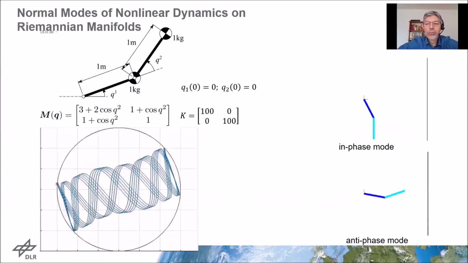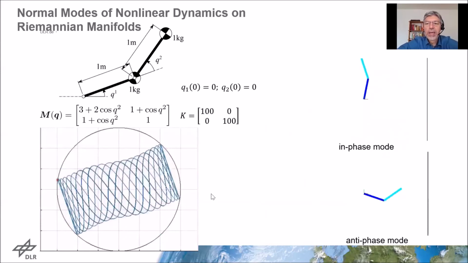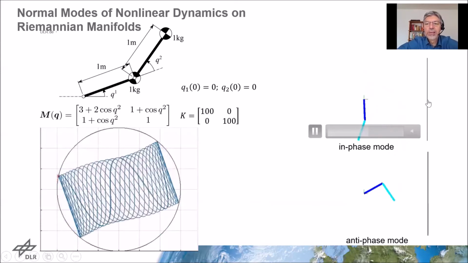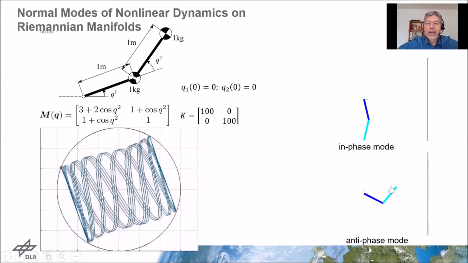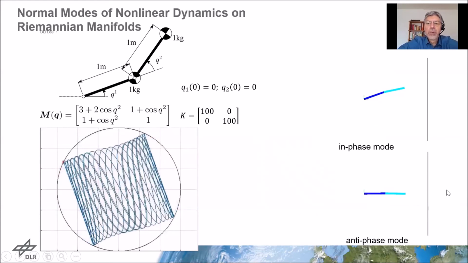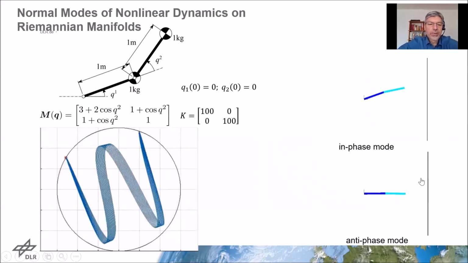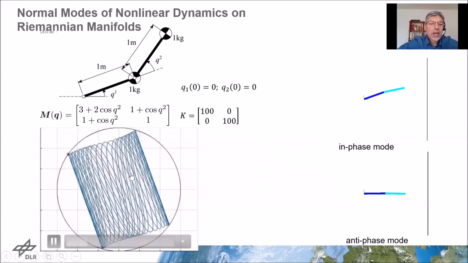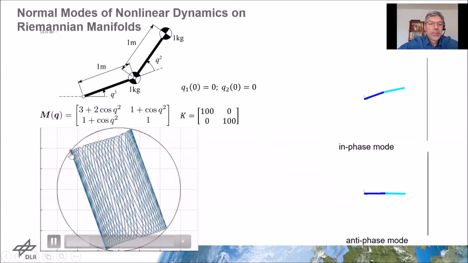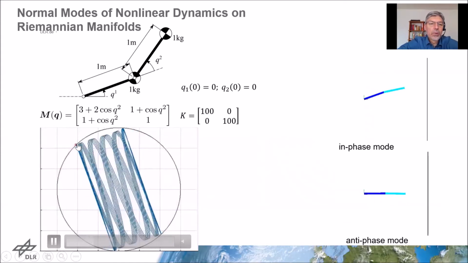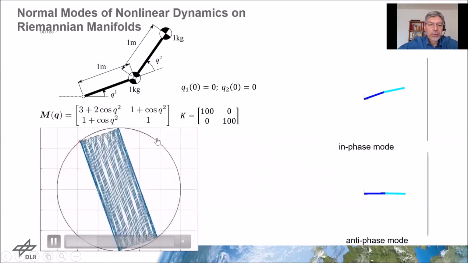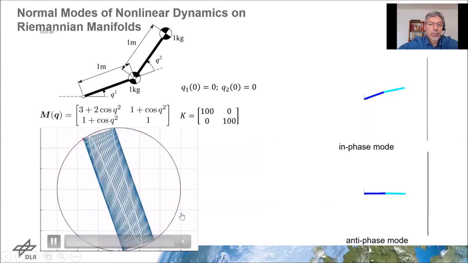Here you see how the two modes look like. Actually, you have an in-phase mode where both joints oscillate with velocity having the same phase, and an anti-phase mode in which the joints move mostly in opposite directions. And here you see a lot of trajectories having as initial point this red asterisk, which is a point on the boundary of the maximum equipotential lines.